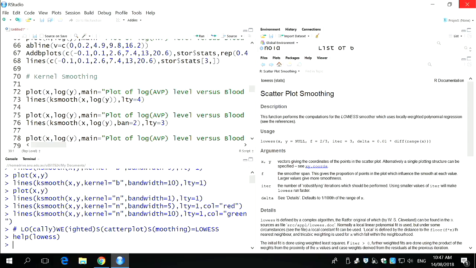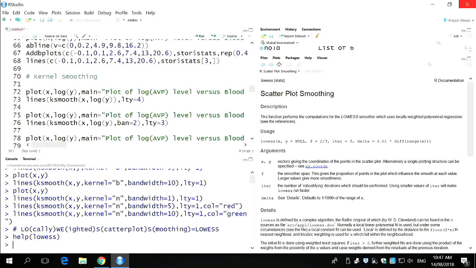Now, we discovered by looking at our example that fixed bandwidth smoothers have the weakness that if there's sparsity in your data in the x direction, there can be gaps, windows in which there's no data. So that's a problem. Lowess tackles that by using what's called variable bandwidth smoothing.